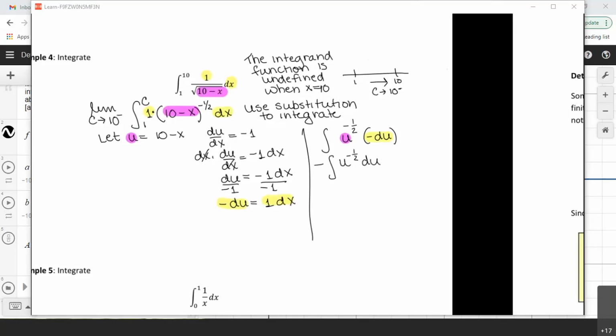That's like pulling a -1 through the integral. And then I'm just using the power rule to integrate. So that's going to give me u to the minus 1/2 plus 1 over minus 1/2 plus 1.